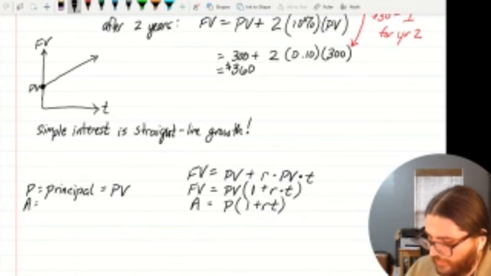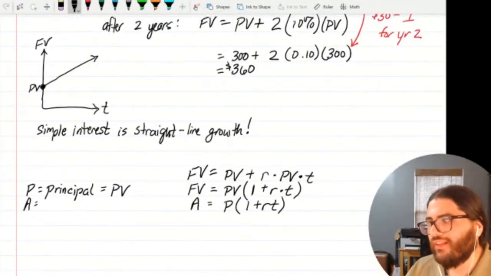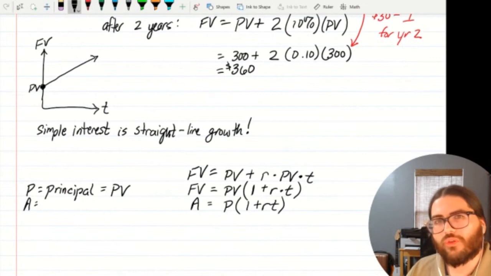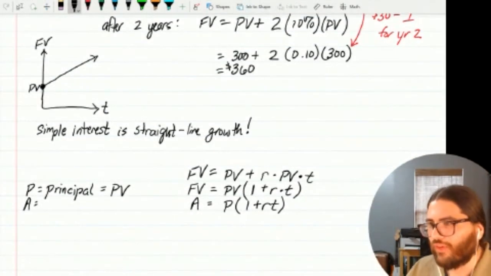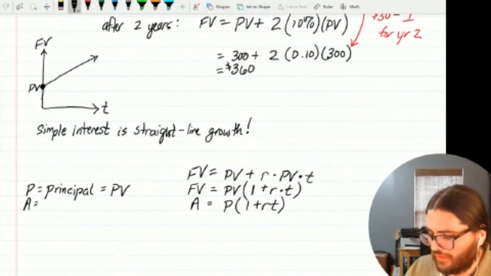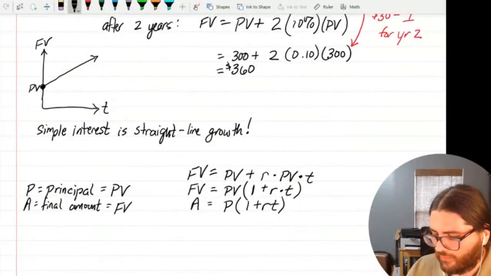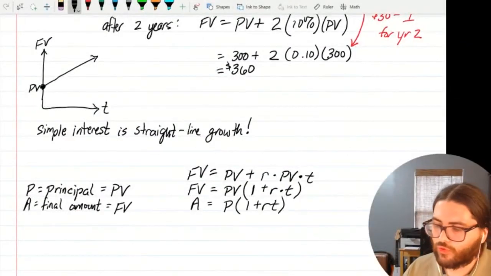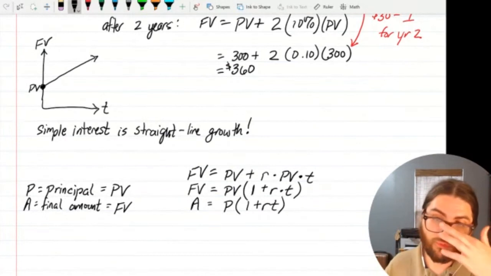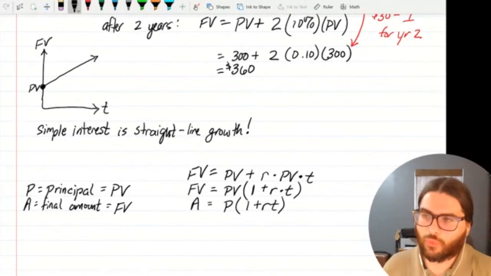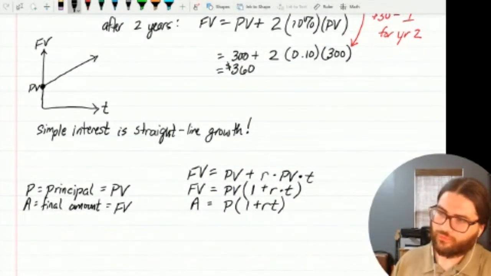A, right? I'm not exactly sure what A stands for. I usually call it the accumulated amount or the final amount. But it is the future value. So anytime I use the future value in a simple interest case, that is what A is.